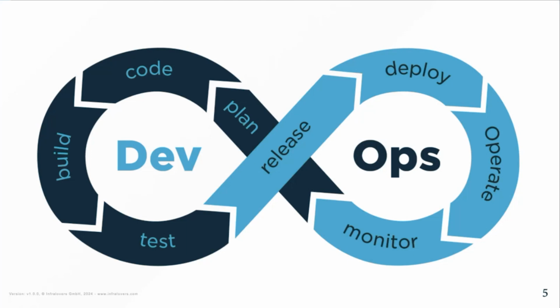Well, to start with, let's look at the traditional DevOps lifecycle as we know it. We know DevOps is a set of practices which typically combines software development, the dev part, and IT operations managing the software, the operations part, to shorten the system's development lifecycle and provide continuous delivery with a high software quality standard.